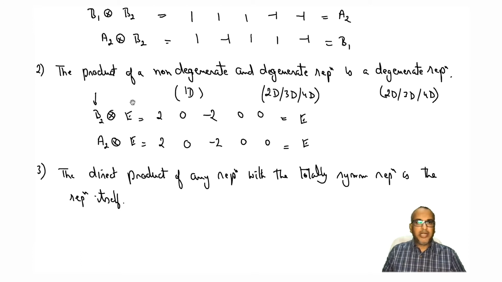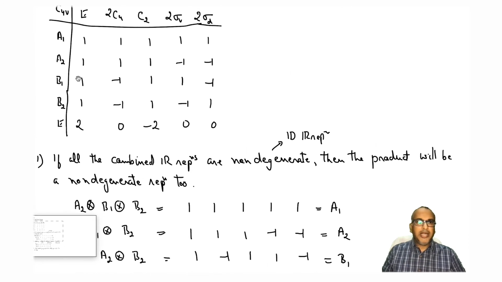That means if you now combine any of these representations, let's say A2, B1, B2, E, with the totally symmetric representation. There is only one totally symmetric representation in each point group, and there is always one in every point group, right? So if you take a direct product of any irreducible representation, it can be degenerate or non-degenerate, with the totally symmetric representation, you will get that representation back, right?